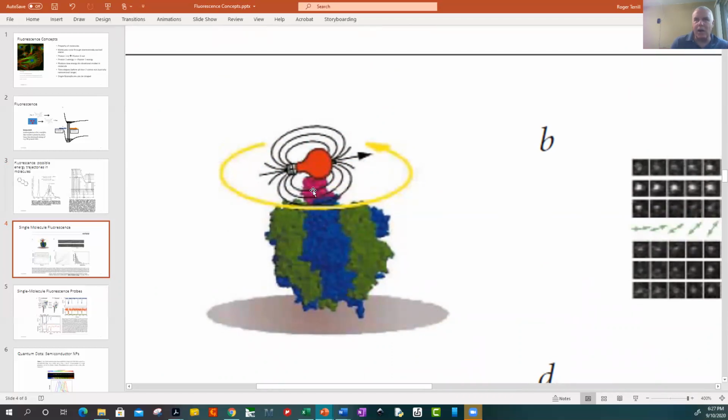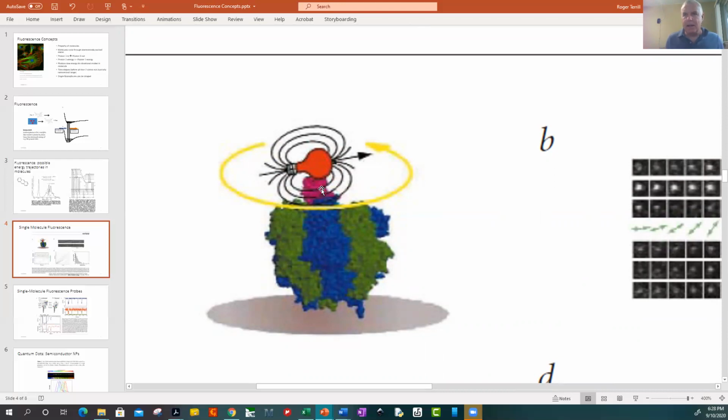And one thing that we haven't discussed about fluorophores yet is the fact that there's only one polarization of light generally that interacts with a fluorophore, right?